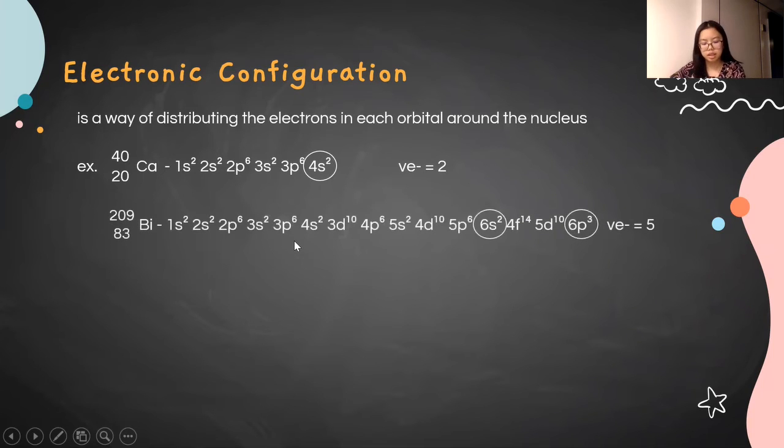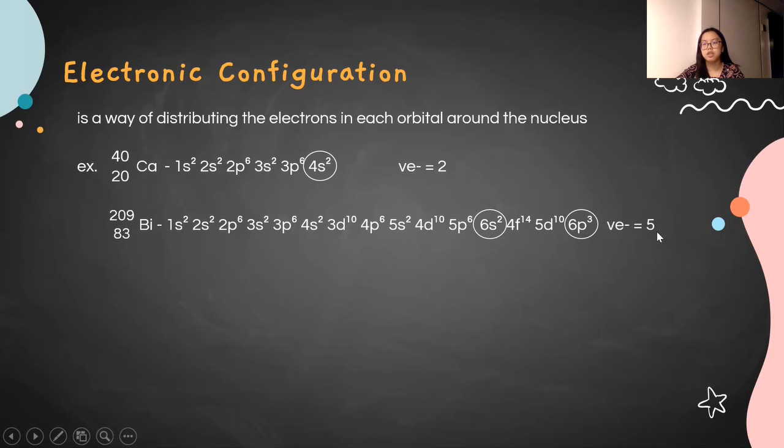So second example is bismuth or Bi. So it has 83: 1s2, 2s2, 2p6, 3s2, 3p6, 4s2, 3d10, 4p6, 5s2, 4d10, 5p6, 6s2, 4f14, 5d10, and last 6p3.